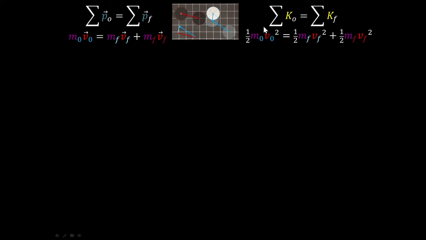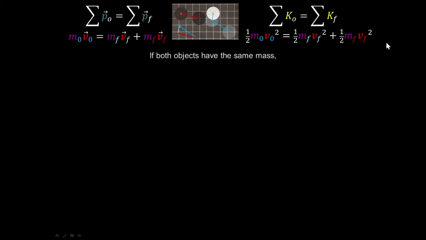Similarly, with kinetic energy, 1/2 mass times velocity squared would be the kinetic energy of the one puck, added to the kinetic energy of the other puck after. Now remember, momentum is a vector quantity, so we do have to consider direction here. Kinetic energy is not a vector quantity, so we just take the kinetic energies, add them, and see if it was the same before and after.